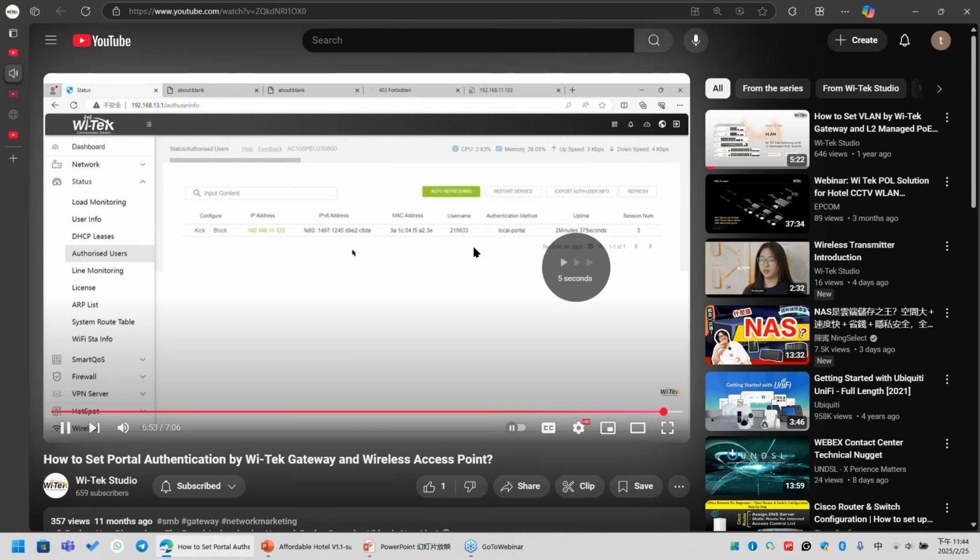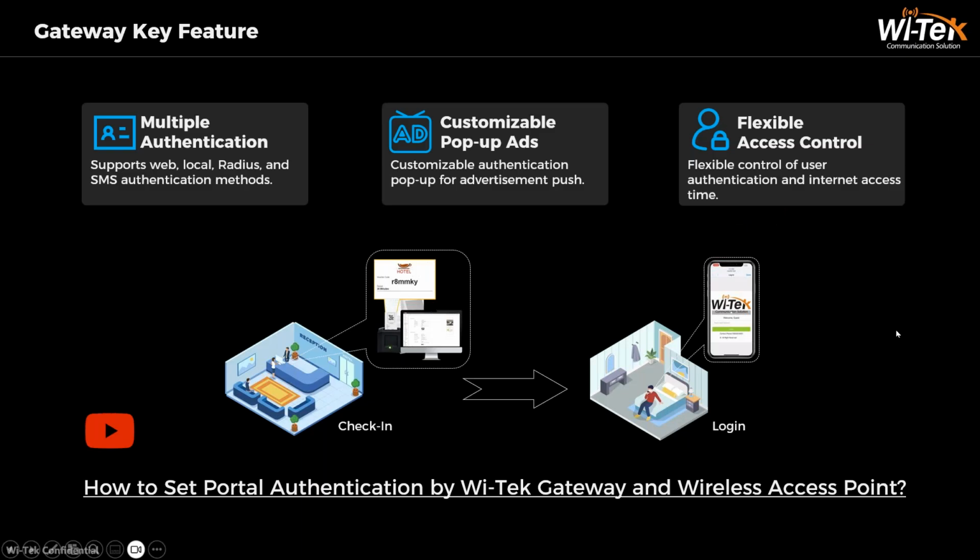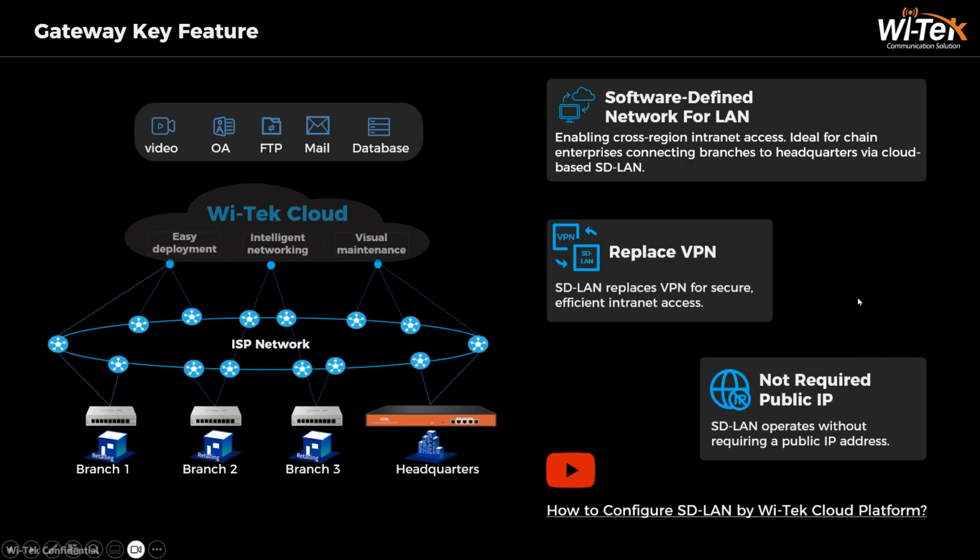Okay, let's go back to our slide. Let's move on to the next. Our gateway also has a very unique function, like SD-LAN. SD-LAN, software-defined network for the LAN, is used to replace the VPN. We know that if you want to set up a VPN and build an encrypted tunnel over the internet, first you must buy VPN devices, and you must rent some ISP line, right?